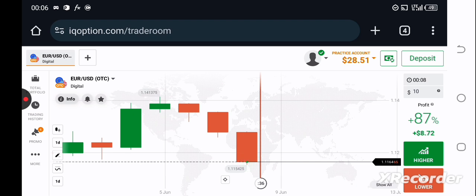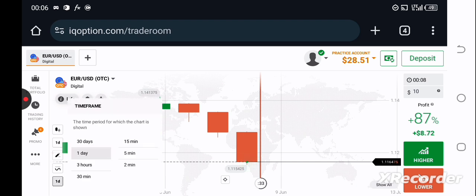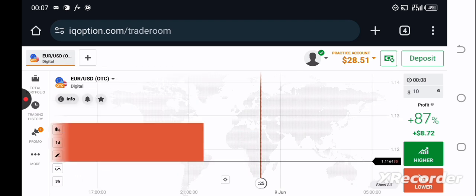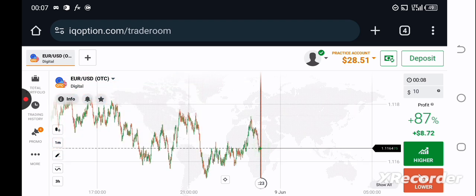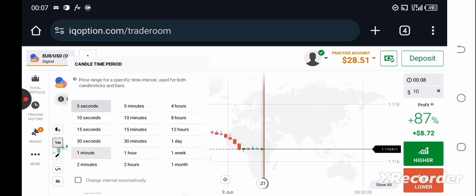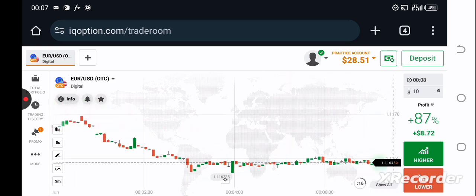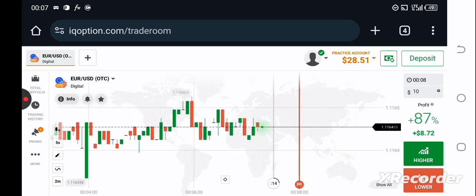But for 1 minute, you can easily see, or let me even switch it to 5 seconds. You can easily see how the candlesticks are forming. On the 5 seconds, it's going to be forming faster because it's just 5 seconds.